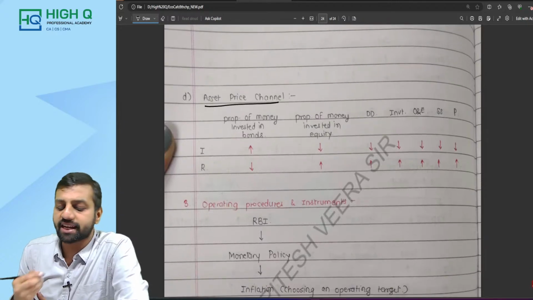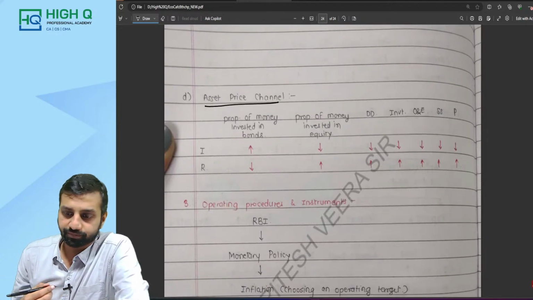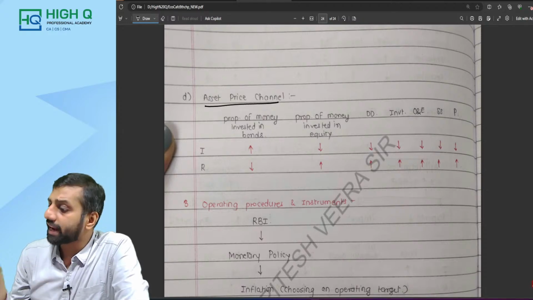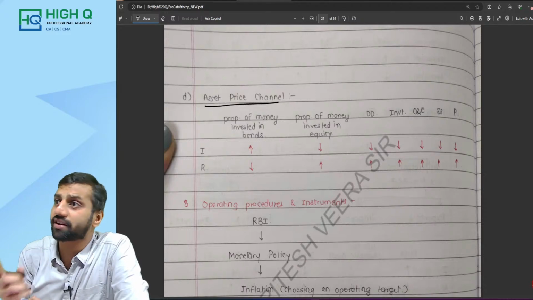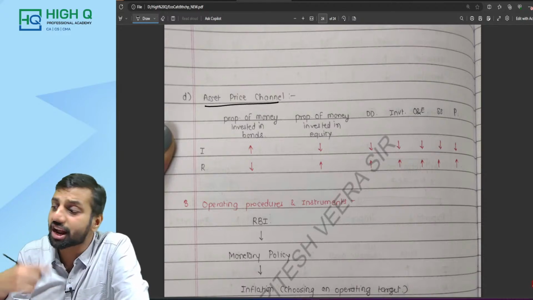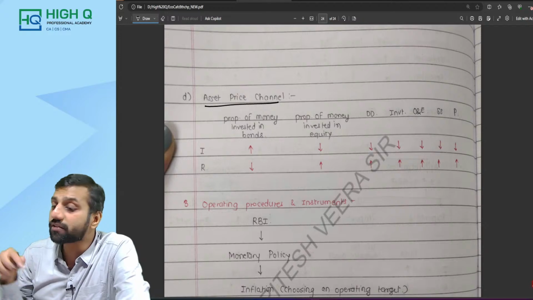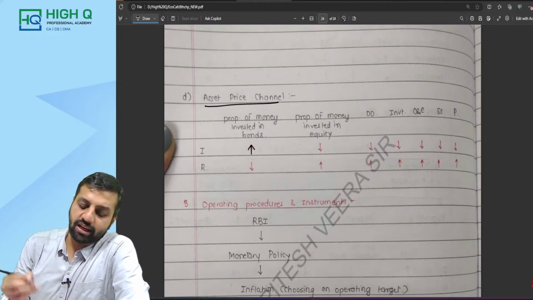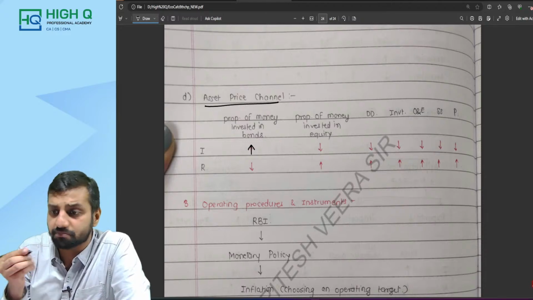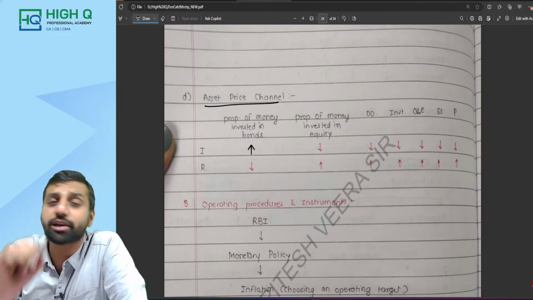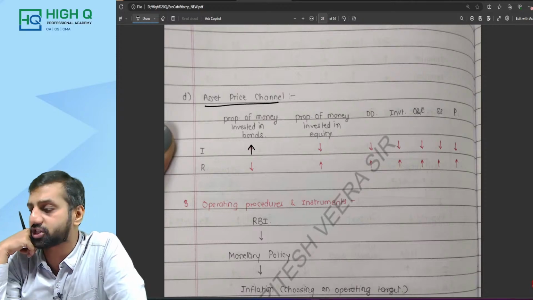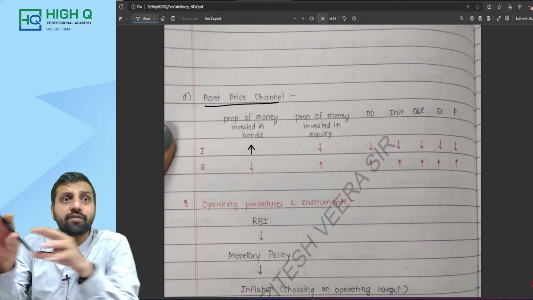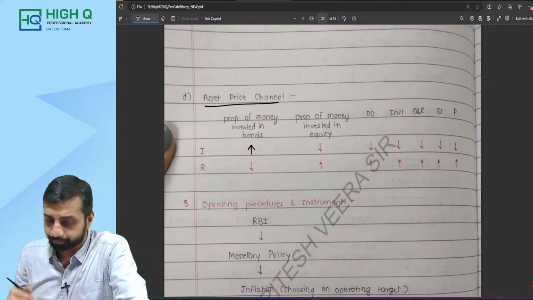And then there is the asset price channel. So during the time of inflation, interest rates are high, so bonds are attractive to invest in. So the proportion of money invested in bond markets will increase because there is a higher rate of interest available during the time of inflation. So if people want to invest in bonds, they will withdraw their money from equity.